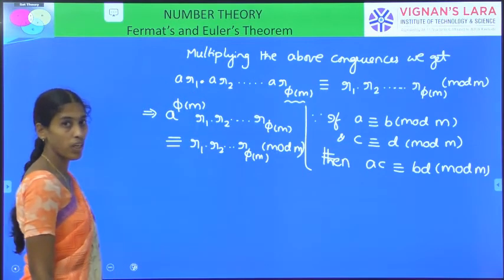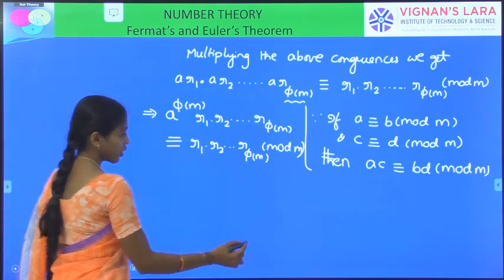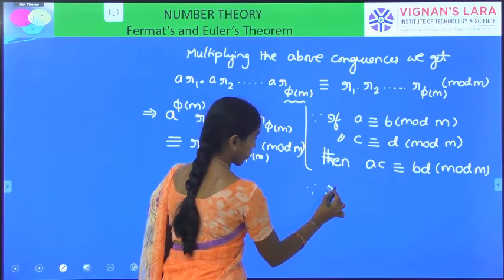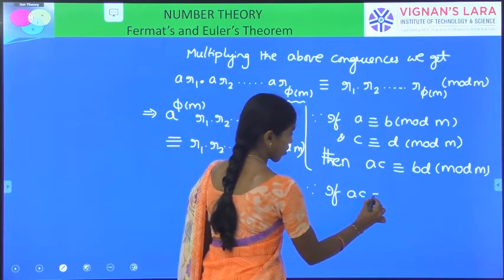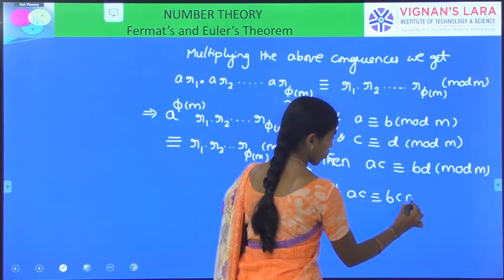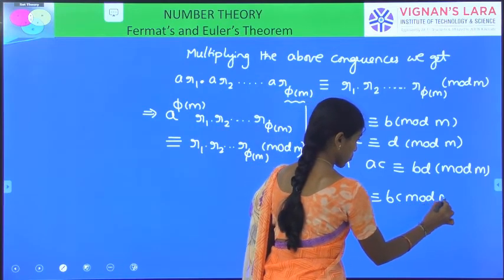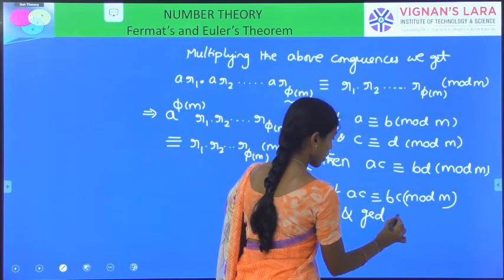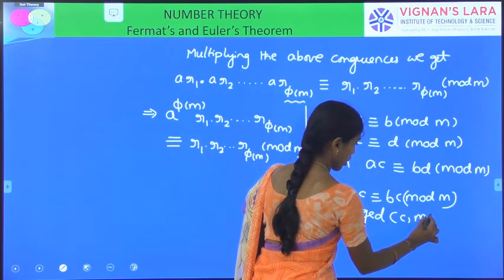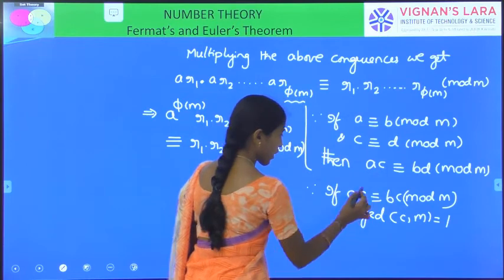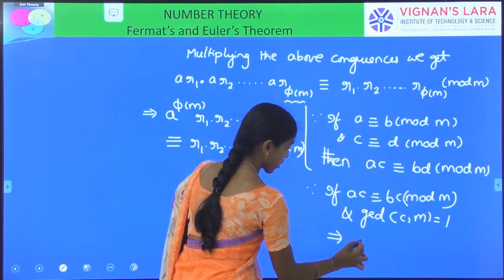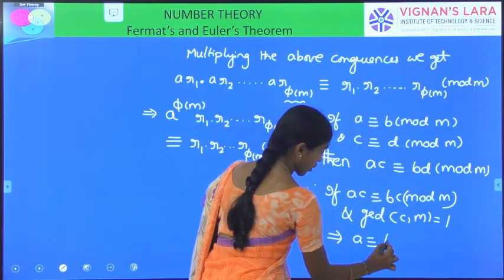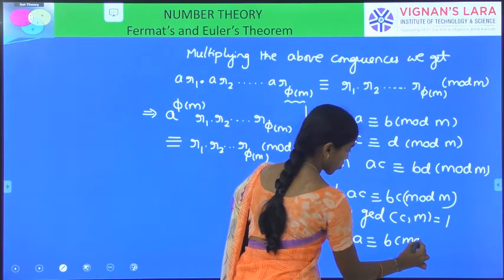Right? So we know the relation, if ac is congruent to bc modulo m and GCD of c comma m is equal to 1, by cancelling c on both sides, we can write a is congruent to b modulo m.